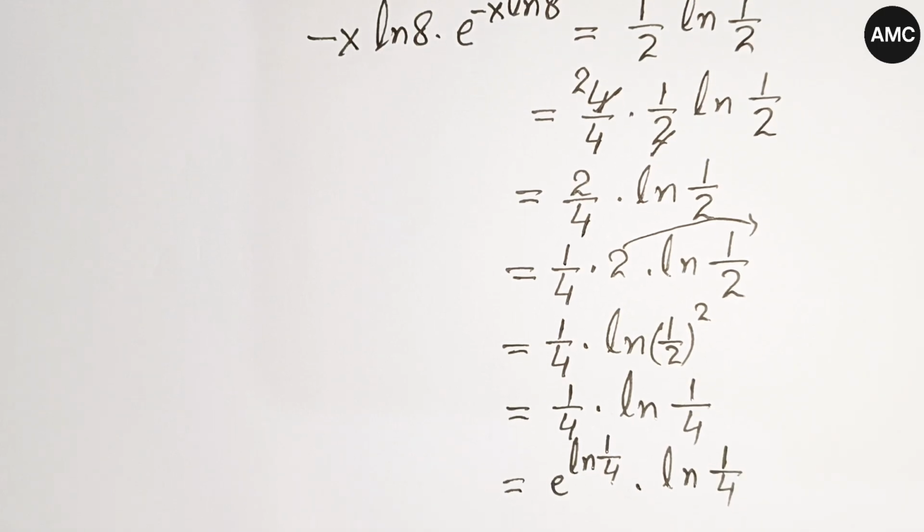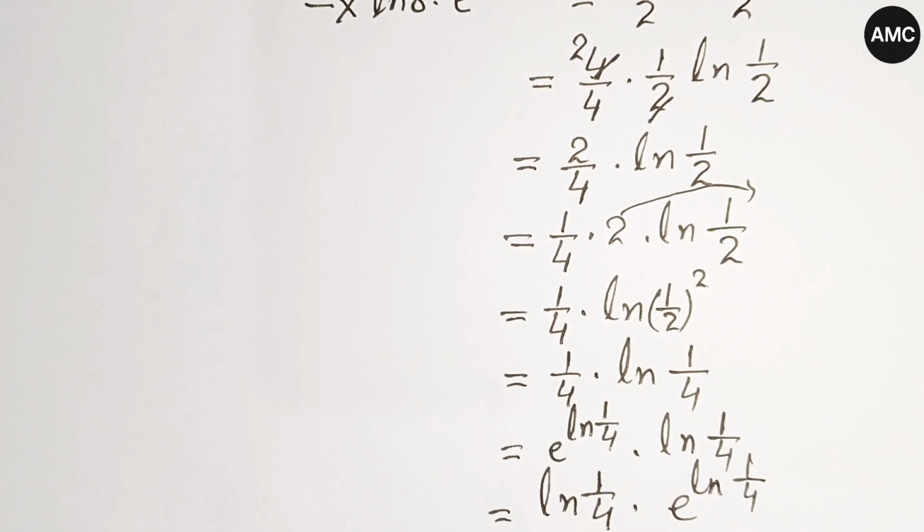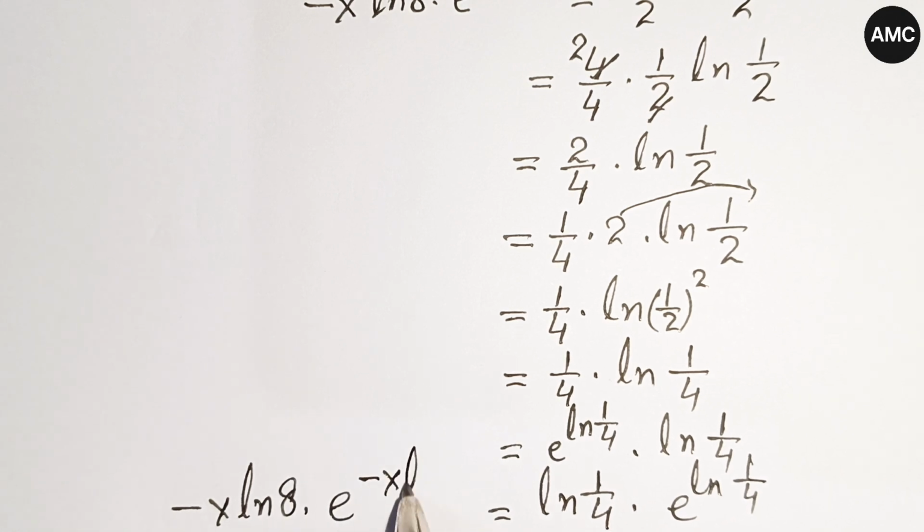So our next step is natural log of 1 over 4 times e to the power natural log of 1 over 4. Now we have the same expression as on our left hand side, minus x natural log of 8 times e to the power minus x natural log of 8.